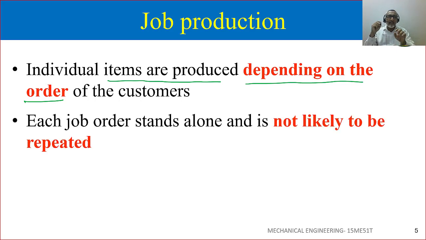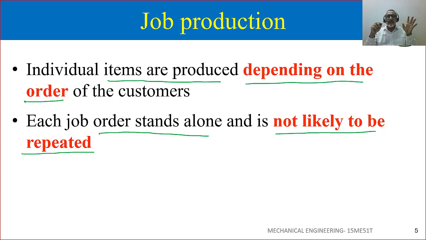We need to remember that in job production, mostly the orders stand alone. What I mean by standalone is that the same order is not likely to be repeated. There may be a similar product, but exactly the same product is rarely repeated in a job order.